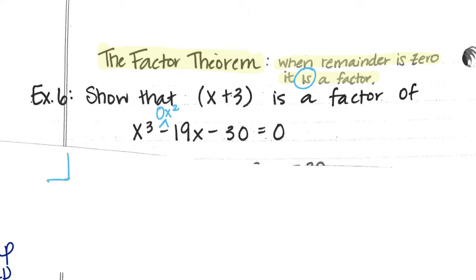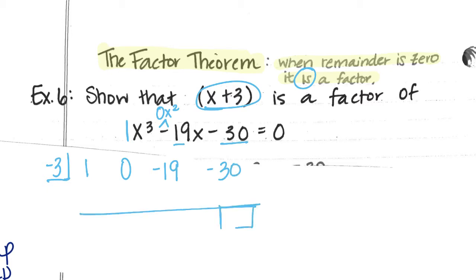Don't forget that there's no x squared here, so we have to put a 0 in. I'm going to set this up with the 0, which would be -3. There's an invisible 1, the 0 for the x squared term, a -19, and a -30. Remember, it is a factor if the remainder is a 0, so that's why I showed the 0 right there.